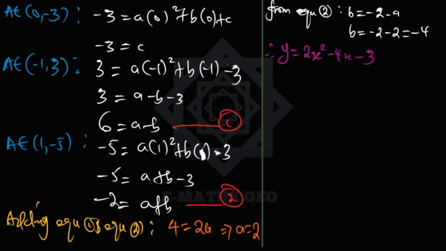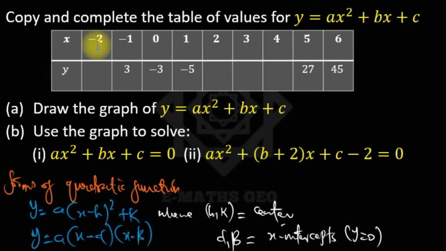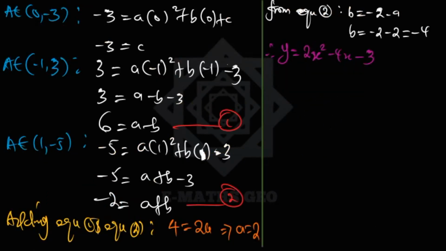So let's now fill up the table. We'll start with the first one, when x is minus 2, so we substitute. When x is minus 2, y is equal to 2 times (minus 2) squared minus 4 times minus 2 minus 3.